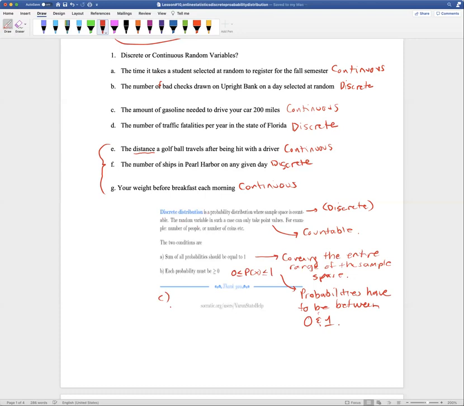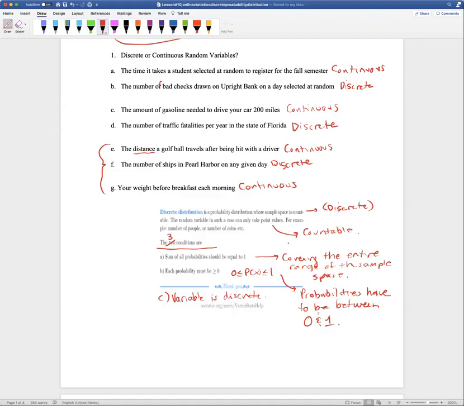It's in the definition, but I'm going to put this in here just to make sure that you're comfortable with it. So we really have 3 conditions that need to be satisfied in order for something to represent a discrete probability distribution.